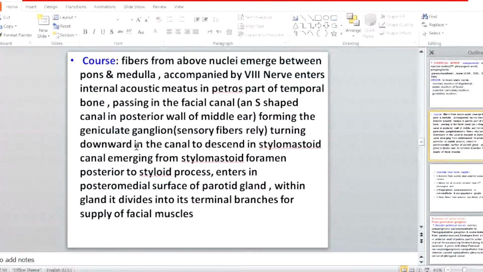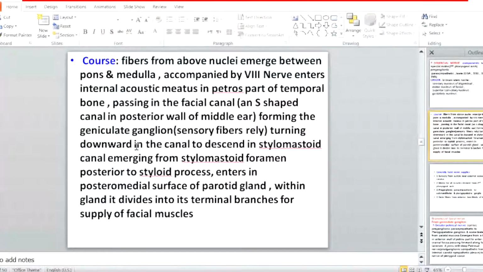Both of them leave the cranial cavity immediately by passing through the internal acoustic meatus to enter the petrous part of temporal bone. Then it passes in the S-shaped bony facial canal in the posterior wall of middle ear. There it forms the geniculate ganglion, where the sensory fibers end.